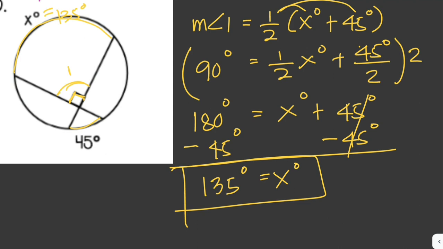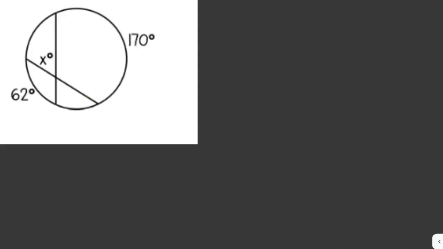All right, how about this one? We will use the same formula since the two secants intersect inside the circle. We need to solve for x. To solve for the value of x degrees, we need to find this angle first.